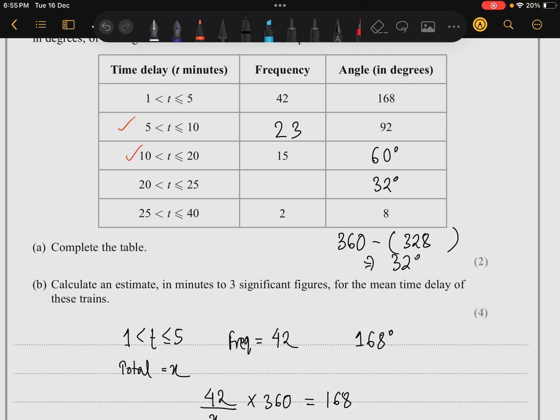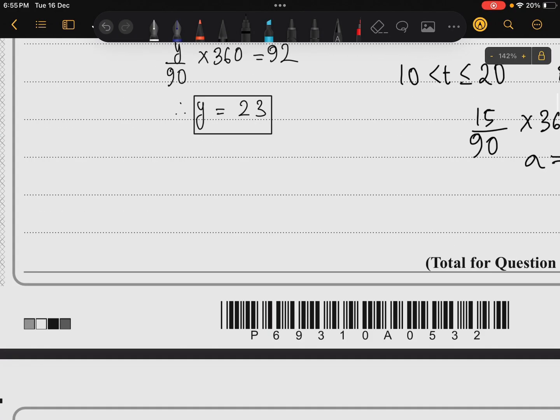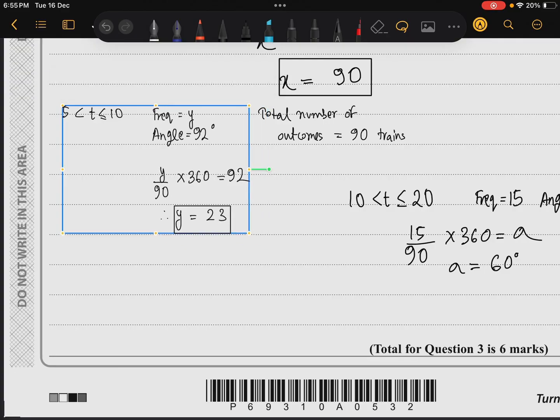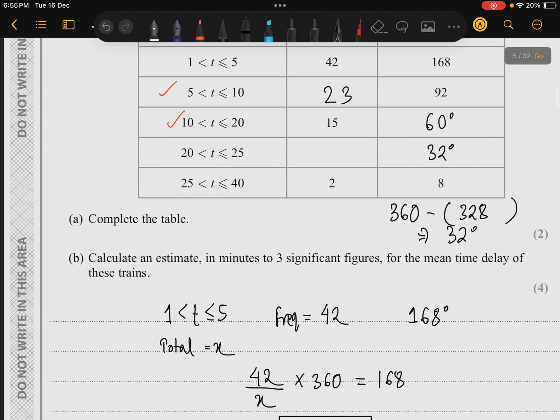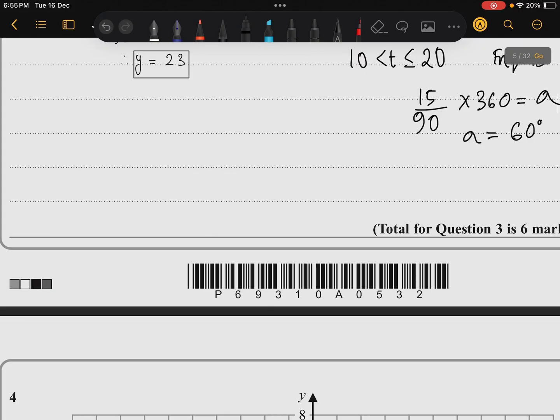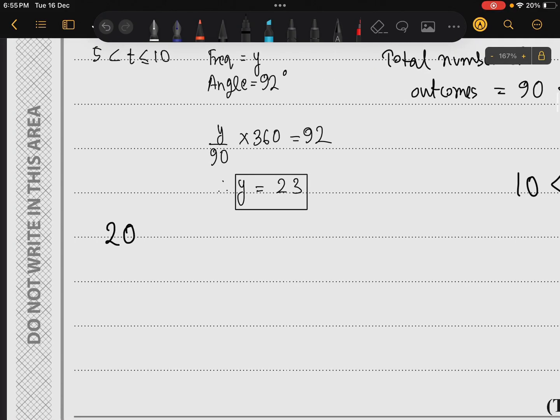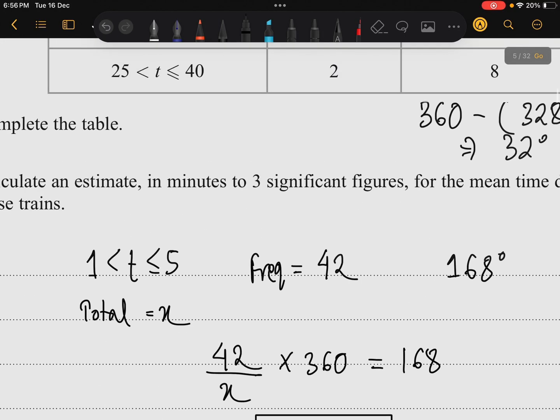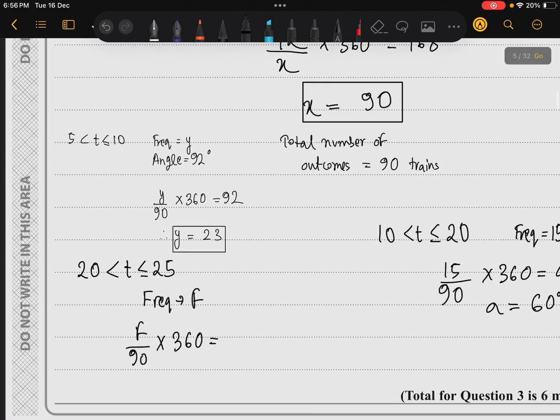We can fill this frequency easily using the same proportion method. So let me make it a bit smaller and solve this one here. 20 to 25, we don't know the frequency. Let's consider the frequency for this class as f. f divided by 90 into 360 is 32.